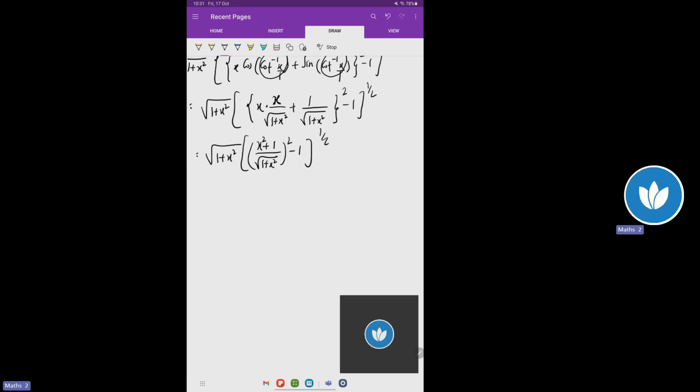Now if you see root 1 plus x square, one root would be cancelled actually. So it's whole square minus 1 raised to half. So what is this? This is x square raised to half, which is x into root 1 plus x square.